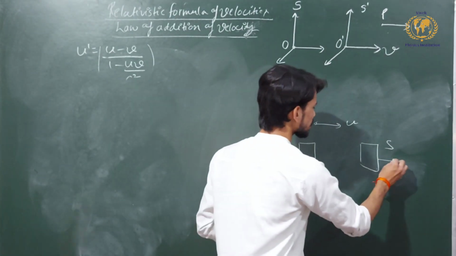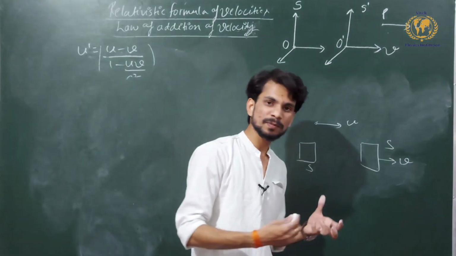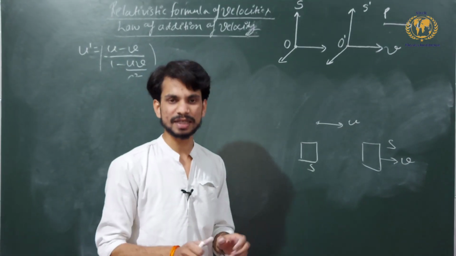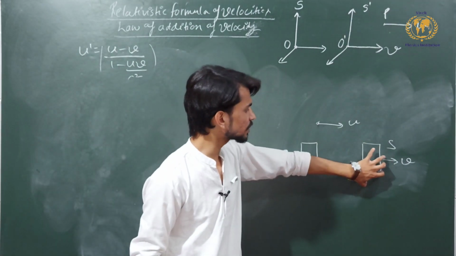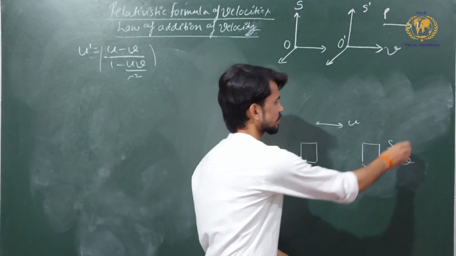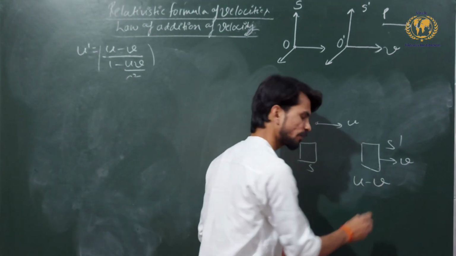Let's say this S dash is moving with velocity v again. So if I talk about the simple postulates of relativity, then the velocity of this particle P measured by an observer in the S dash frame of reference will be, what? That will be simply u minus v.